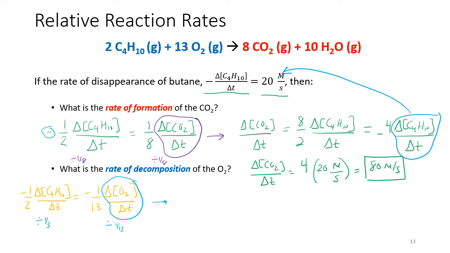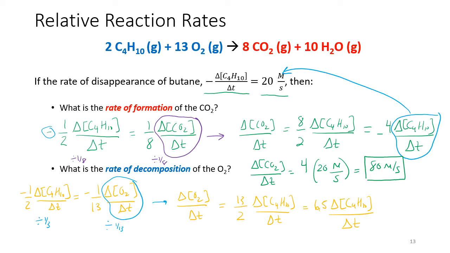And that would say the change in concentration of O2 per change in time is equal to 13 over 2 times the change in concentration of the butane. Or in other words, it would equal 6.5 if we divide 2 into 13 times the concentration of butane change, the rate.